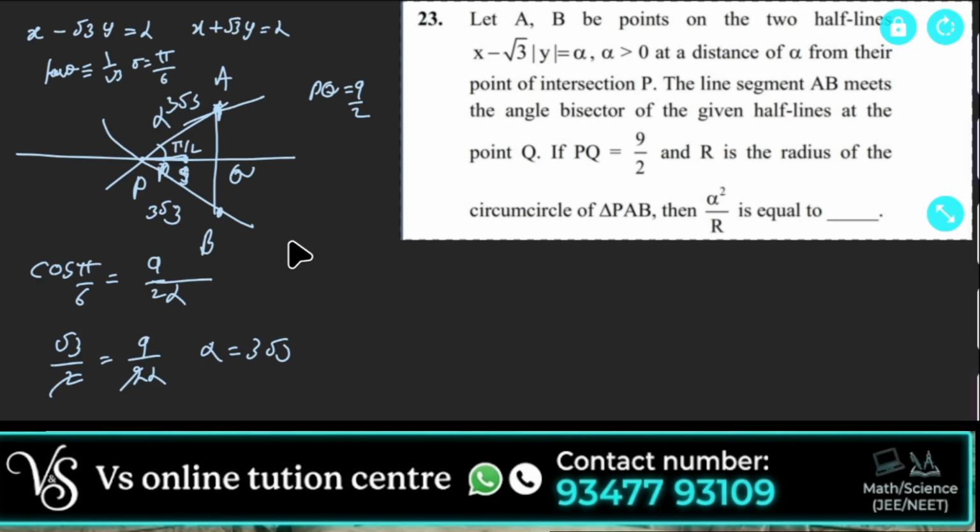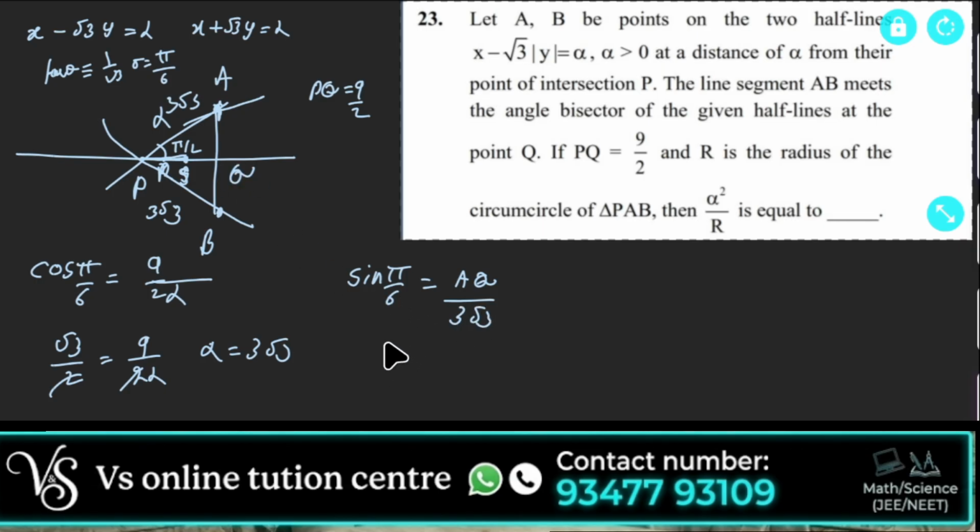Next, taking the points A and Q, sin pi by 6 is equal to AQ by AP. AP means 3 root 3.